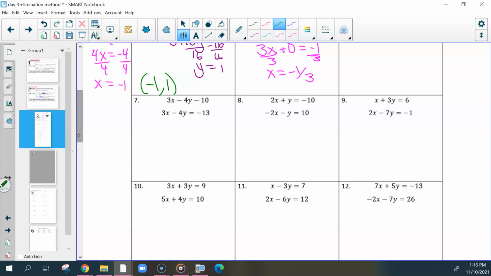So to make them both 2, I'm going to multiply this entire equation by 2, and then rewrite that underneath it.